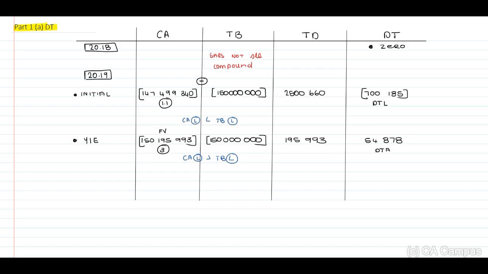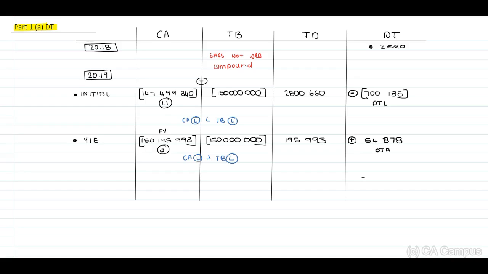Okay, but guys, now when you look at this, what will our movement be? What will the movement be? Our total, guys, the movement will be from a negative to a positive. You with me on this? From a negative to a positive.